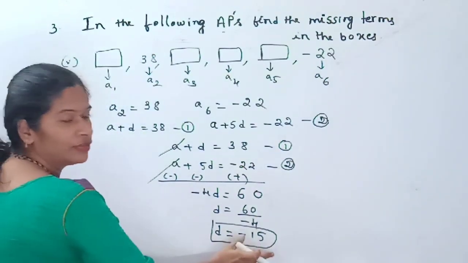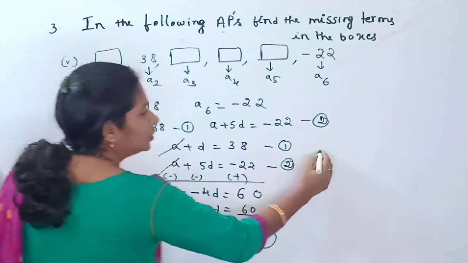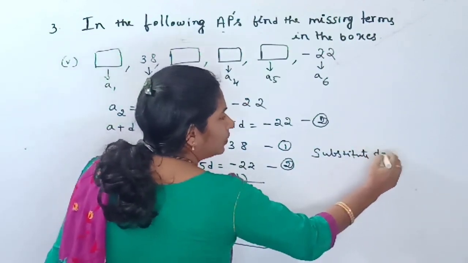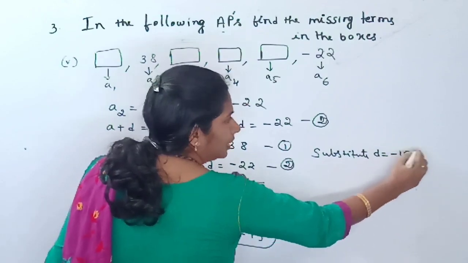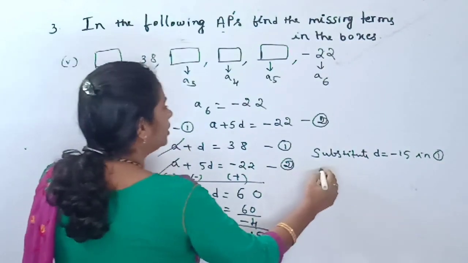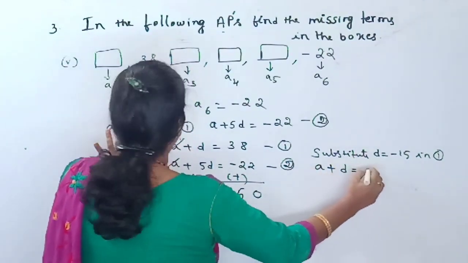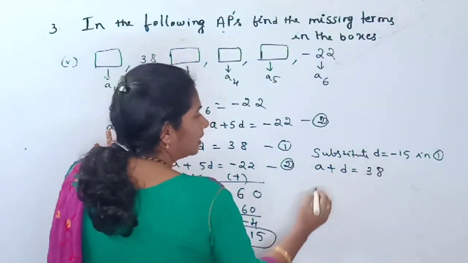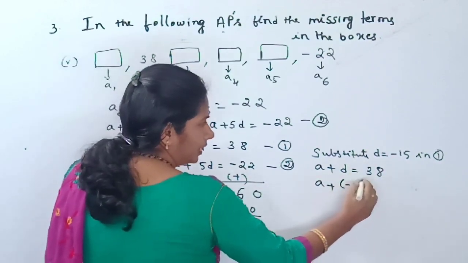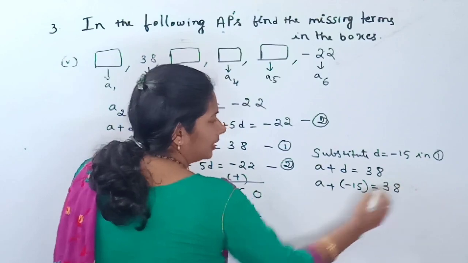So how will I find the first term? Substitute D equal to -15 in equation 1 or 2. Okay, let me substitute in equation 1. What's equation 1? A plus D equal to 38. Now A plus D, where D is -15, equal to 38.